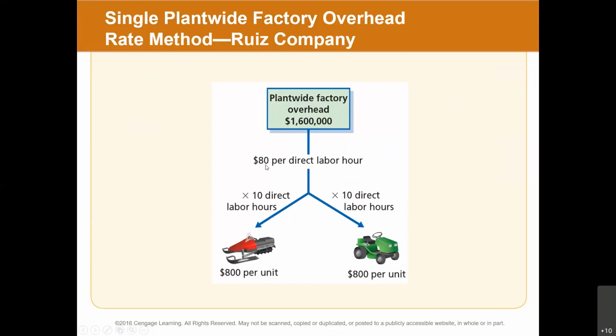So again, the overhead rate of $80 per hour times the 10 hours it takes to create each unit is $800 per unit. So nice picture. And since it's plant-wide, that means it's the same regardless of what I'm producing. We spread that across all of our units. Does it make sense? Yes? Great.